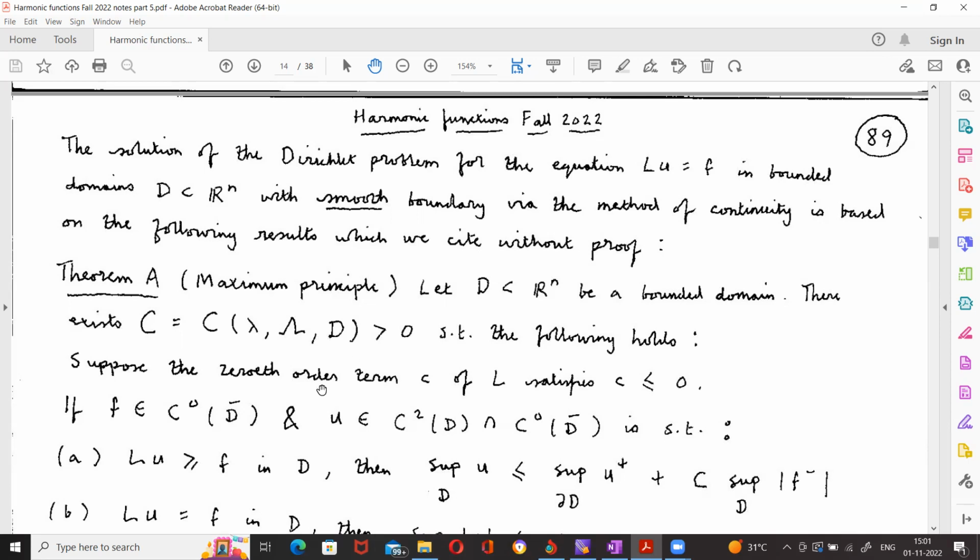So for these maximum principles, the one hypothesis that we always need is that the zeroth order term c of the operator L is less than or equal to 0.